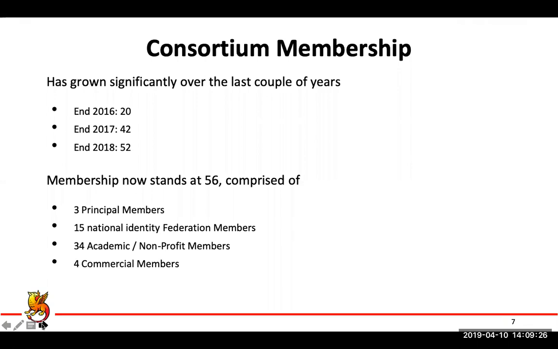Obviously, there are a lot more institutions in the world than there are identity federations, so this is to be expected in some manners. The other thing that's worth noting is that we still have a very low amount of commercial members. Commercial organizations still tend to shy away from contributing to open source projects, and this is something that we'd really like to be able to tackle, and any feedback on engagement with commercials is always appreciated.